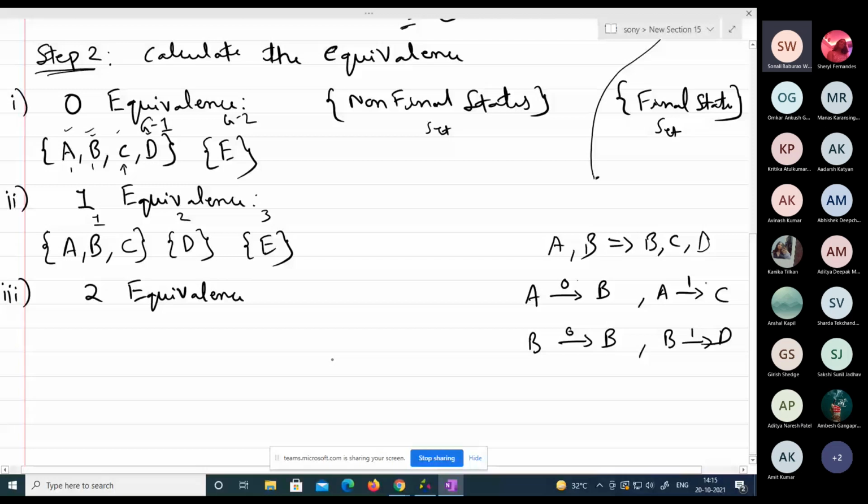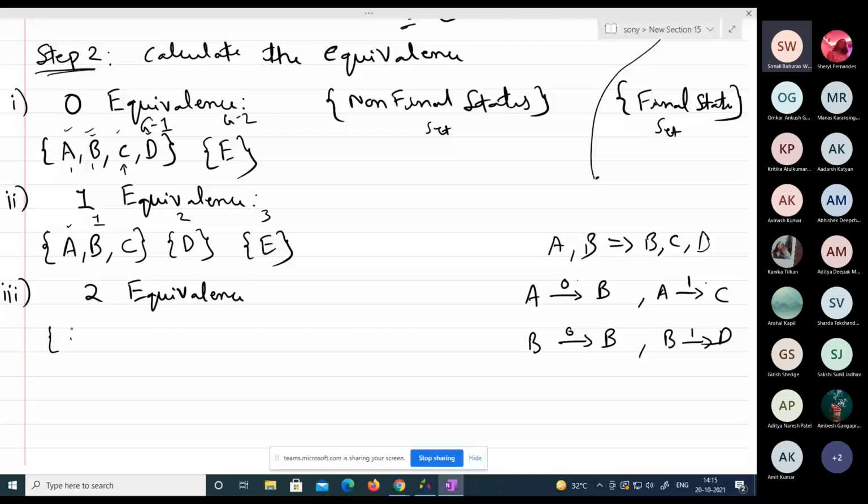Whether A can be written over here or not, we need to wait, because it means that A and B are not in the same group, but we don't know where C is going to be. So now for A we have computed this much.